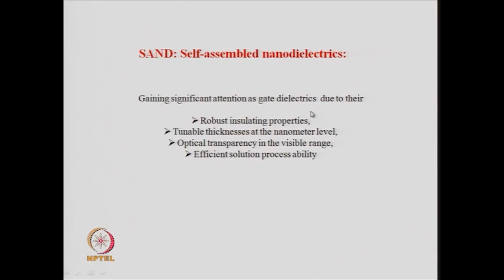They are highly insulating. That means the conductivity is very low for these dielectrics, which is important, and then you can tune the thickness of these dielectric materials at the nanometer size. So, you can have thicknesses of say 10 nanometers, 20 nanometers, etcetera, and make very thin dielectric layers.